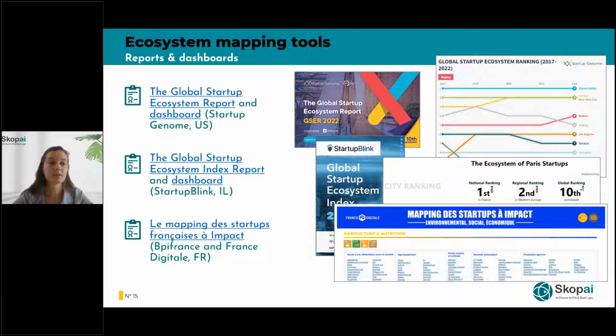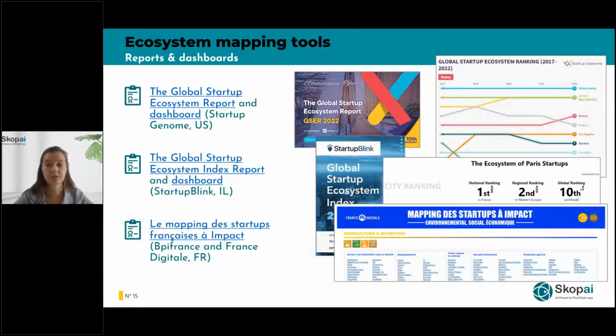And the second is a Global Startup Ecosystem Index Report and Dashboard. The first is done by Startup Genome in the United States, and the second Startup Link in Israel. And these two reports provide the ready-to-use solutions, rankings of different ecosystems.